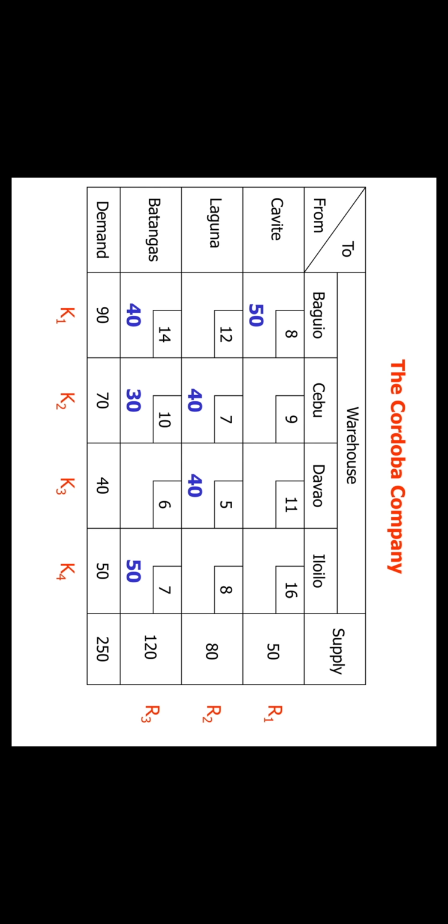C sub i sub j is the cost of shipping from source i to destination j. So to differentiate, we are now using another letter which is closest to the letter C, which is the letter K, to represent the indicator used for each column. With that, let's now move on to the next steps.